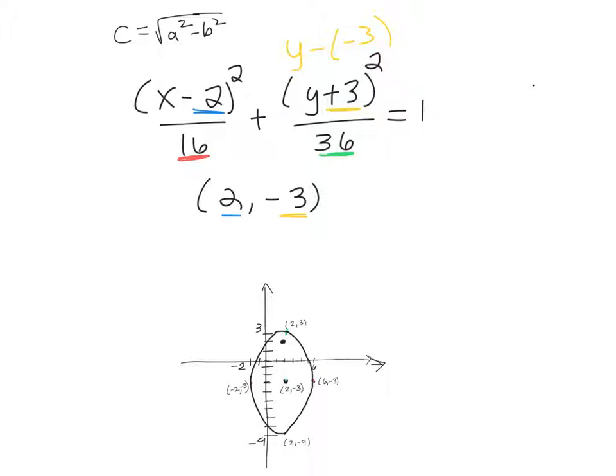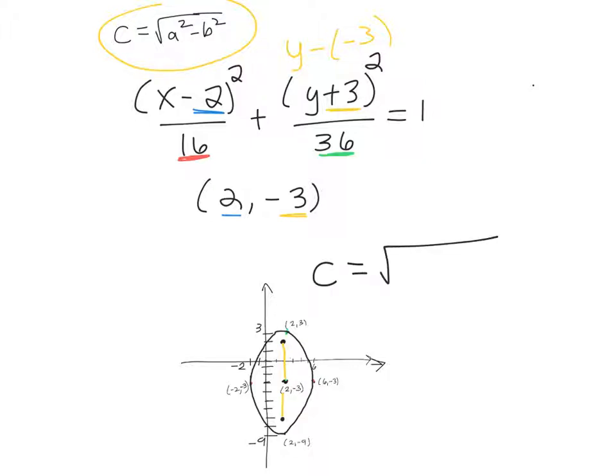And now we need to think about our foci. And since it's opening vertically, what's changing here is we're going from the center and we're going up a certain number c and down a certain number c. And our c is the square root of the difference of the denominators. So first let's figure out our c.